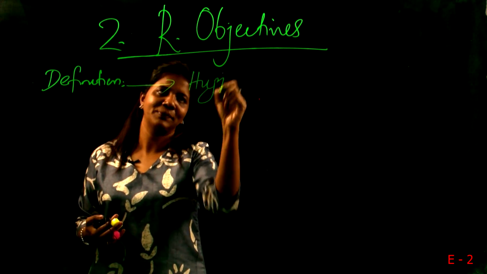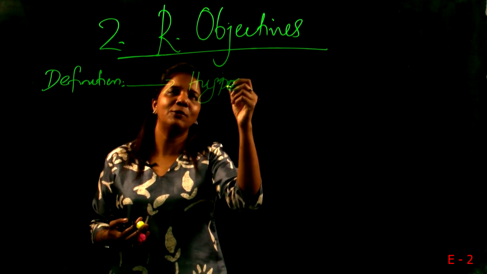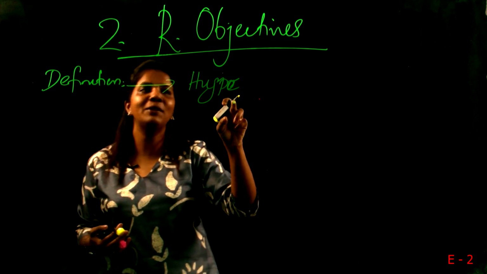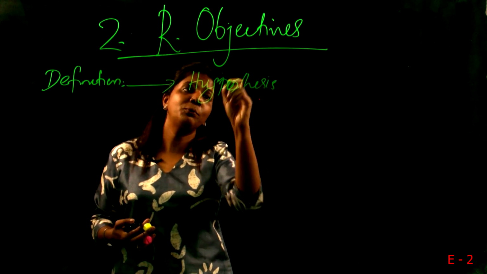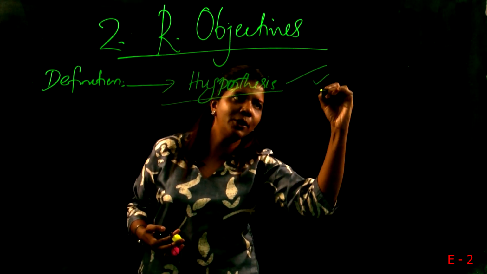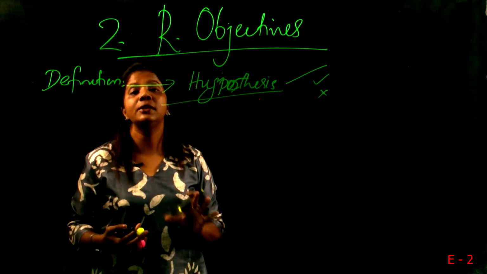Hypothesis, right? Then we could say that a research objective is a channel to prove, not to discover, whether the hypothesis is accepted or rejected at the end of the study. So that's about research objectives.